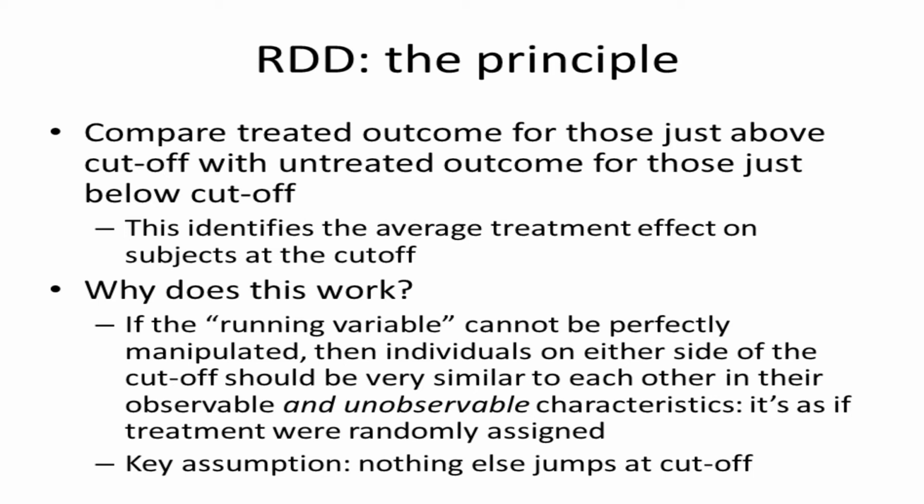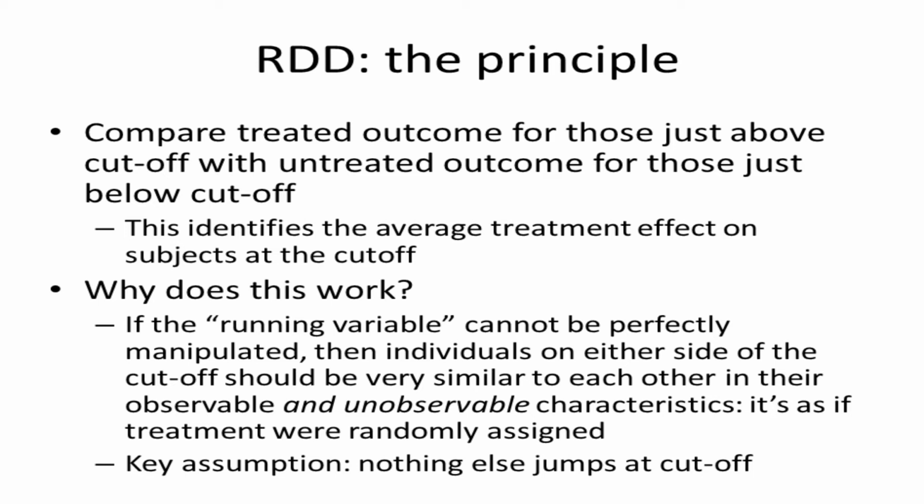On the other hand, if the running variable could be perfectly manipulated, so age won't work, then that assumption would not hold. People who particularly want the treatment will just ensure that they have a value of x above the cutoff, and those people might well be different from people below the cutoff. Okay, so we need this assumption for technical reasons. But then basically, in a very small area around this discontinuity, it is as if you randomly assigned the treatment.